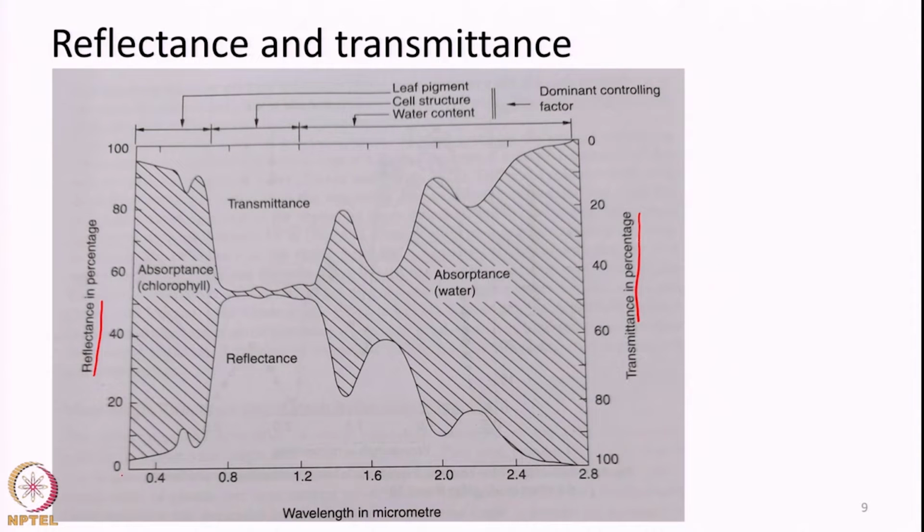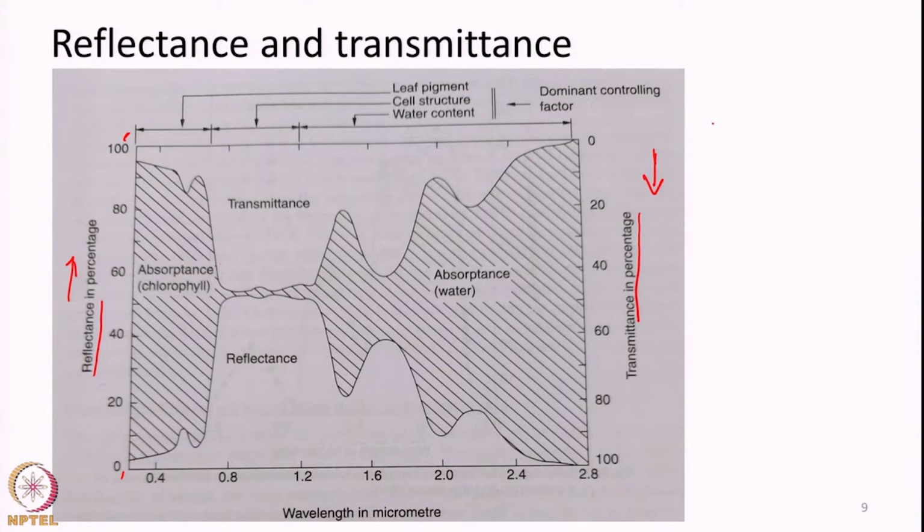Reflectance increases from 0 to 100 along this direction, and transmittance increases from 0 to 100 in the secondary axis, from top to bottom. If you see, the reflectance and transmittance curves are almost superimposable on each other. If the reflectance is low, transmittance is low; if the reflectance is high, transmittance is high. So they have a very close relationship with each other.